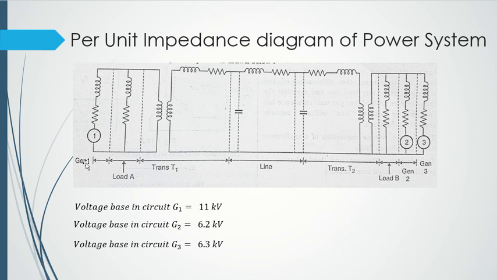Again, you can see the first generator connected over here with its resistance and reactance values. Then we have load A connected in parallel with generator A. Then we have the transformer, the T1 transformer. Then we have the transmission line.